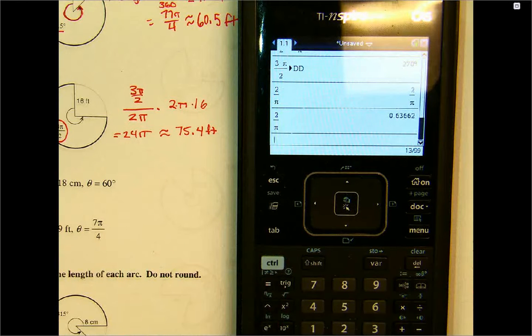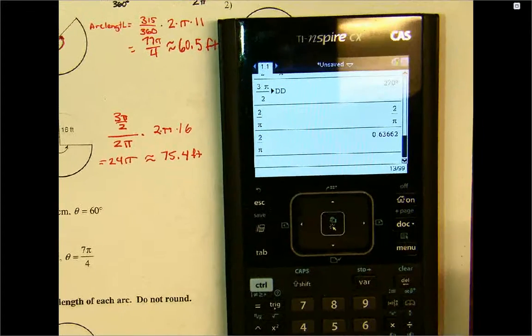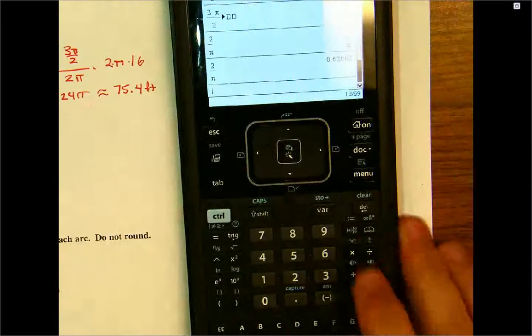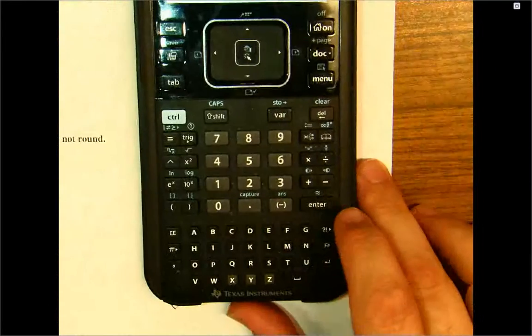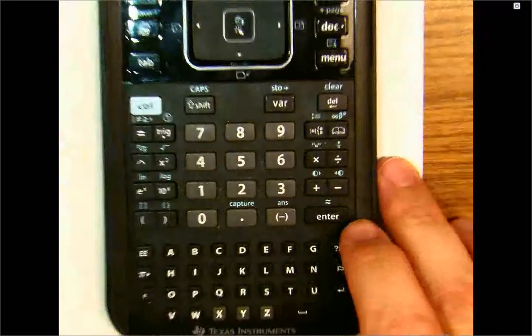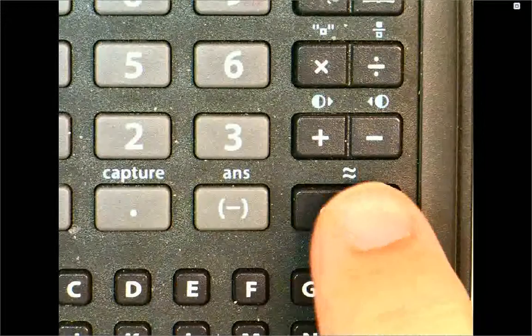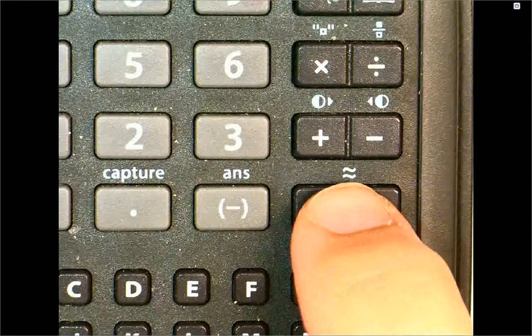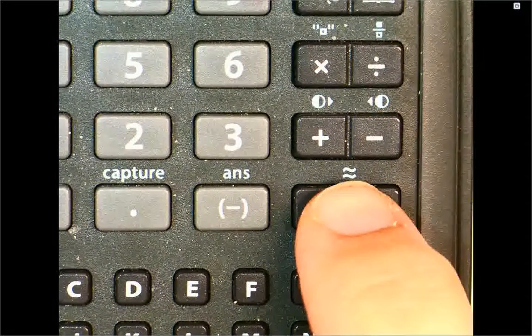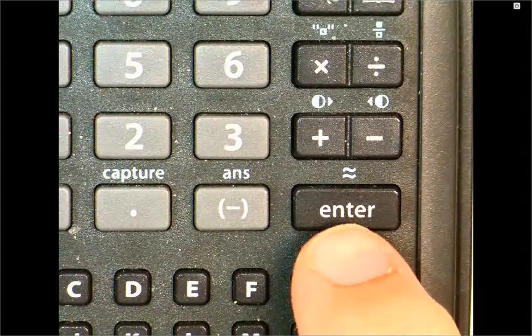And approximates look like decimals, and you can tell because there's this squiggly equal sign there, and that always means approximate answer. And enter, that just means that's your equal sign.